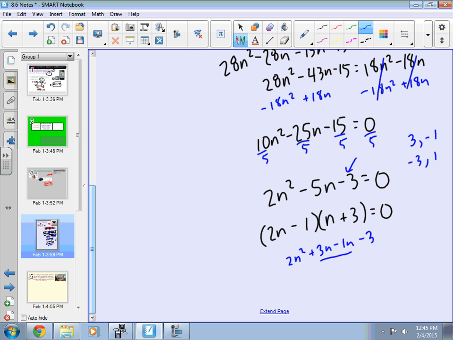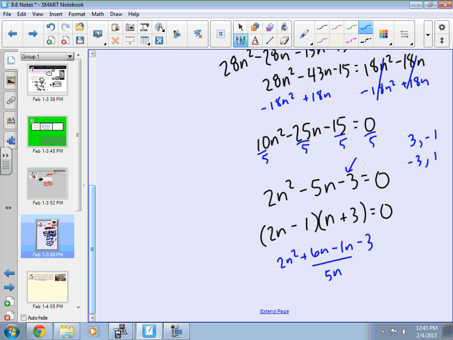Do these two middle terms add to negative 5? Oh, sorry, plus. This should be plus. Let's try that again. I didn't multiply very well. If we multiply this out, you get 2n squared using FOIL plus 6n minus 1n minus 3. These two add to 5n.